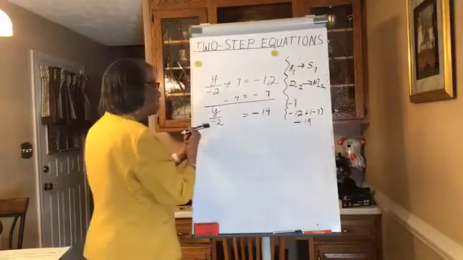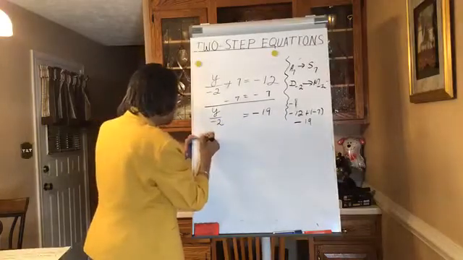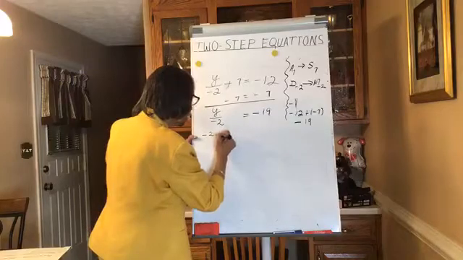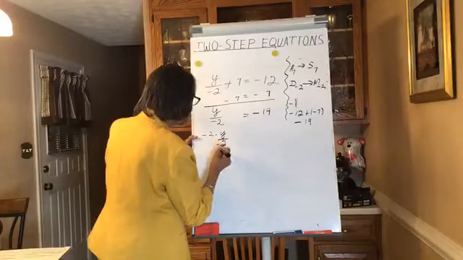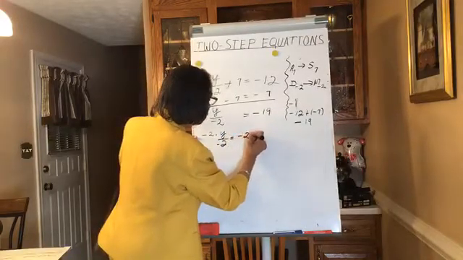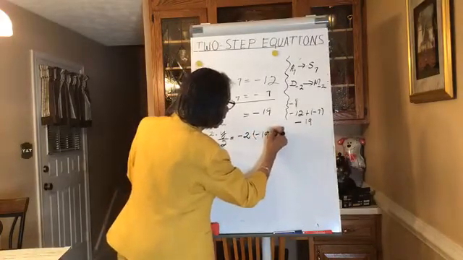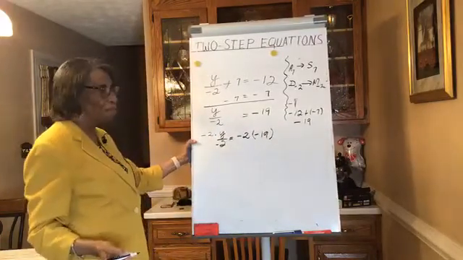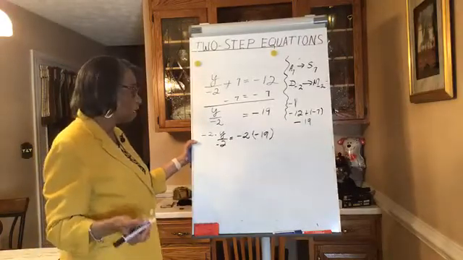All right, then we have to multiply both sides by negative 2. So negative 2 times y divided by negative 2 equals negative 2 times negative 19. You notice I'm not using the times sign because sometimes that gets confused with the x variable, and I don't want that.